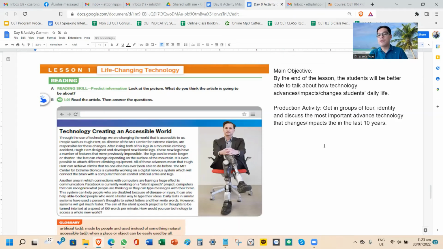Get in groups of four, identify and discuss the most important advanced technology that changes or impacts the life of students. Ah, no, because they're adults, so not really students' life, but it should be life in general to make it easier.